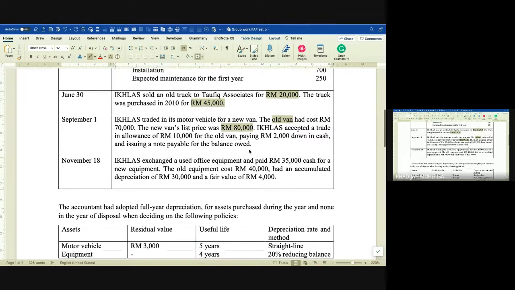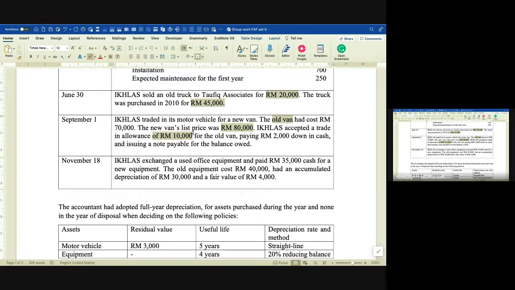So instead of you receiving cash of 10,000, in this case the van costs you 80,000. You trade in your old van, and that old van values 10,000. So it means that from 80,000 now you only have to pay 70,000. From that 70,000, you pay out cash 2,000. So how much is the balance? The balance should be 68,000 in the form of note payable.